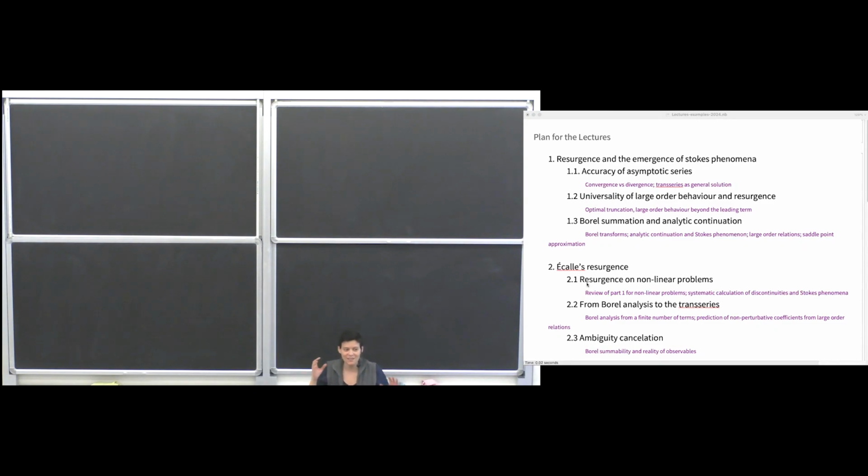The biggest takeaway I wanted you to see from the large order behavior was that you're analyzing the perturbative series, you calculate the large order behavior and you see the first exponential. But you don't only see the first exponential, you see the second one. One came multiplied by S1, the next one came multiplied by S squared, the third one would come multiplied by S cubed, where S is the Stokes constant. So again, all sectors in the trans-series resurge in the other sectors. In the large order of one sector, you can see all the other sectors.